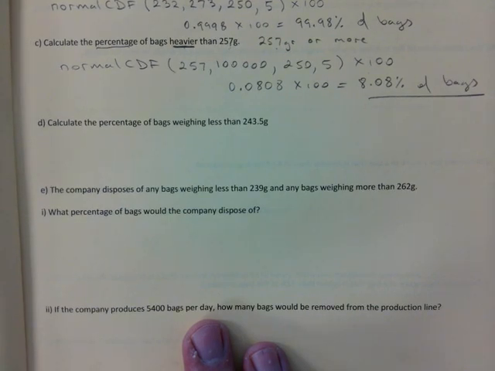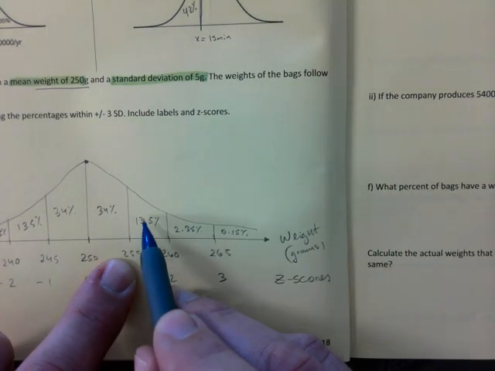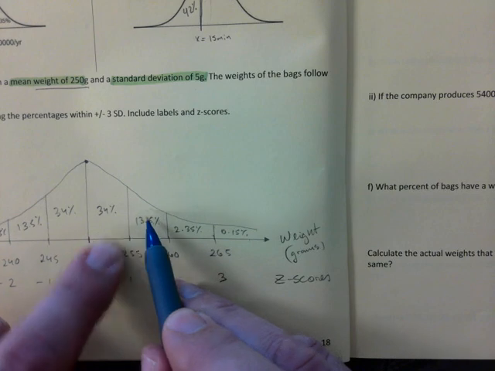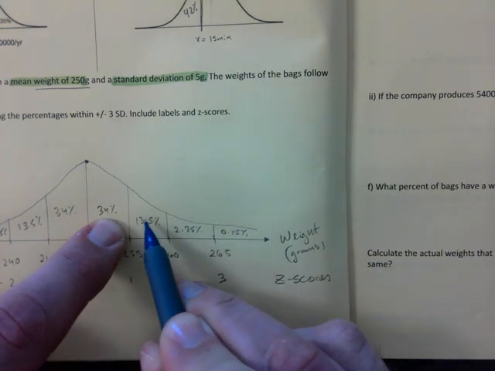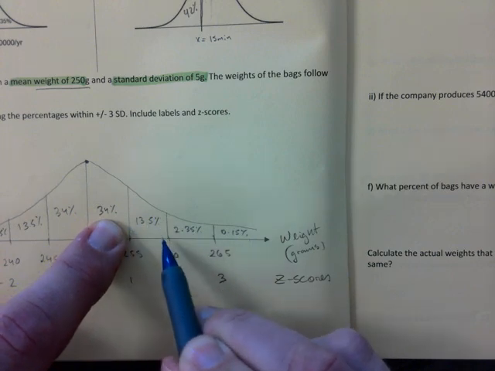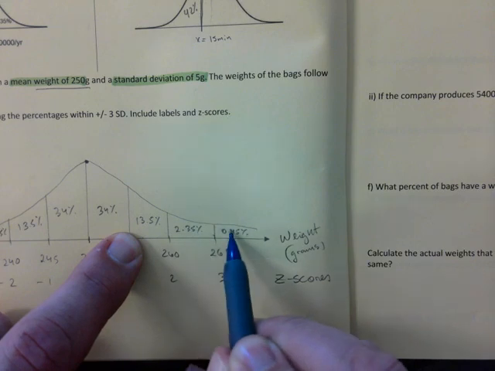Let's verify that. 257, remember that? 257 is right about there. So just consider this. This is 250. And then we take some of this section of the curve, right? Because 257 would be right about there, and that's supposed to be 8%.